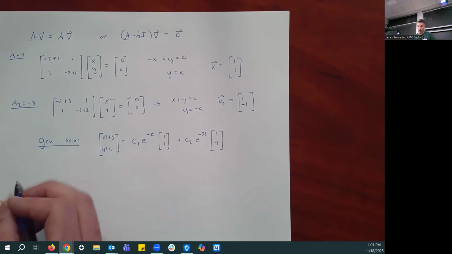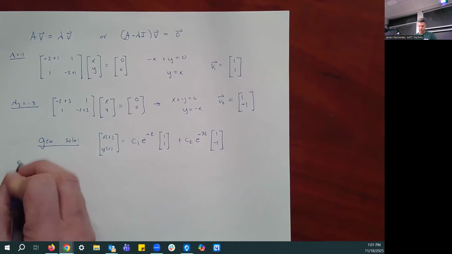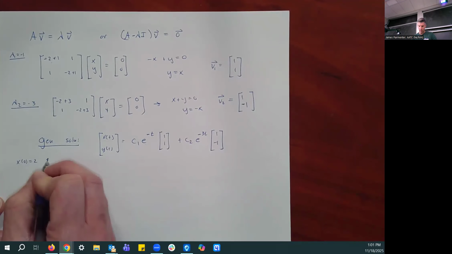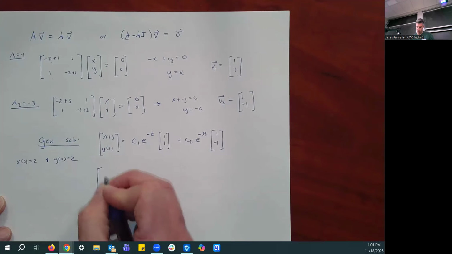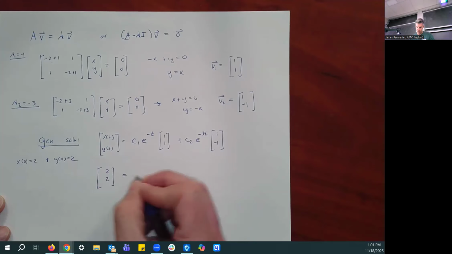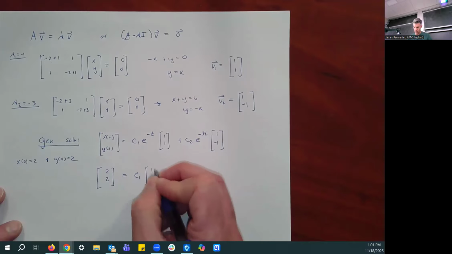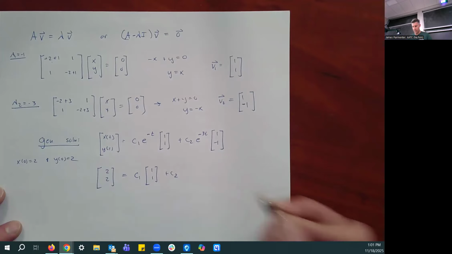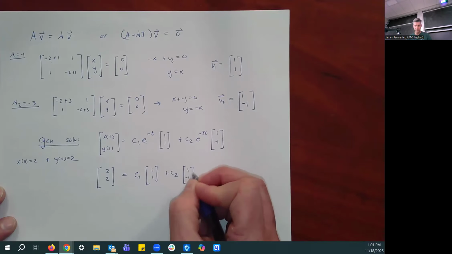And then to find our particular solution, we're going to plug in our initial conditions, which were x of 0 equal to 2 and y of 0 equal to 2. So we're going to say that (2, 2) is equal to c1 times e to the 0, which is 1, times (1, 1), plus c2 times e to the 0, which is 1, times (1, -1).